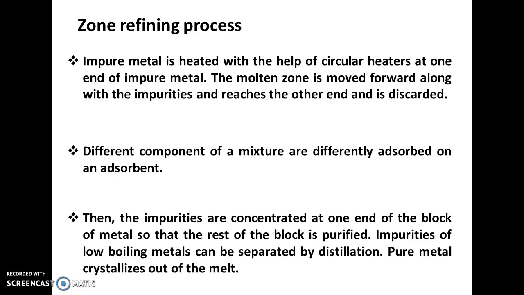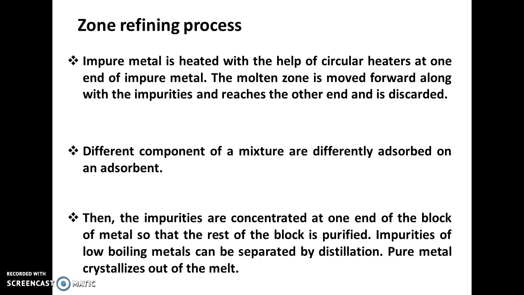Zone refining is a process in which the impure metal is heated with the help of a circular heater at one end of the impure metal. The metal zone is moved forward along with the impurities, reaches the other end and is discarded. As we have discussed in our previous session, different components of a mixture are differently adsorbed on the adsorbent.